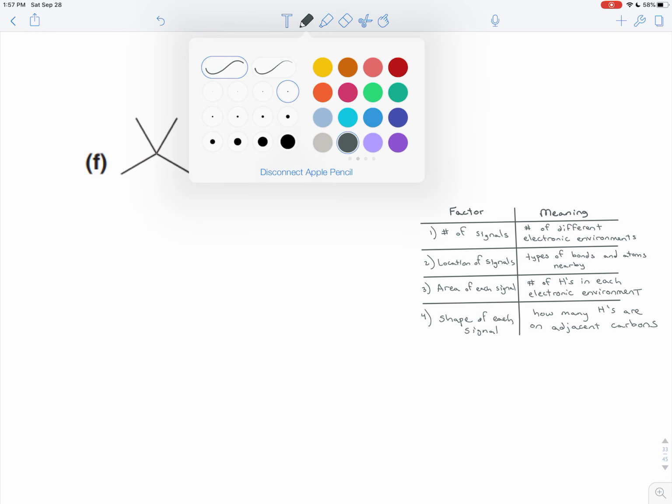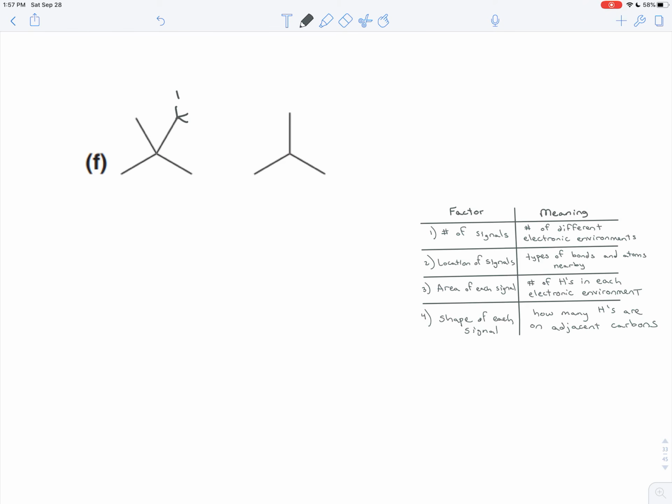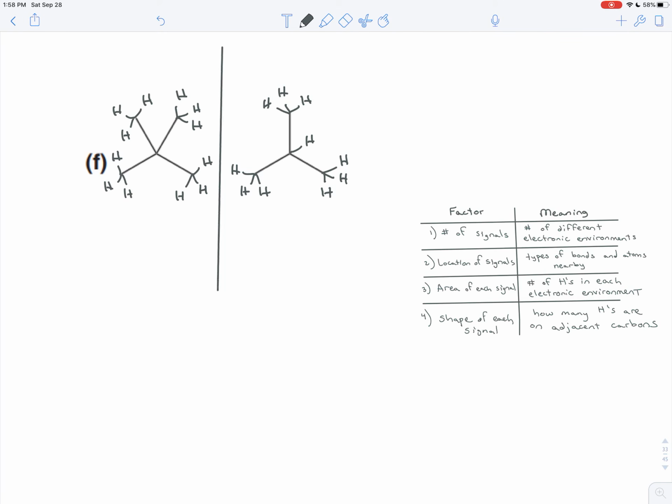Okay, finally, let's draw the hydrogens in on this last one. Okay, so we'll look at these separately.